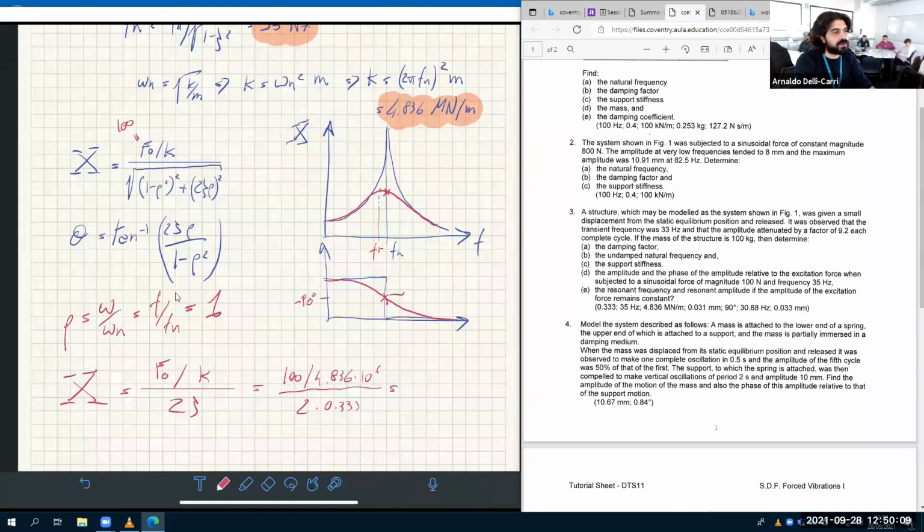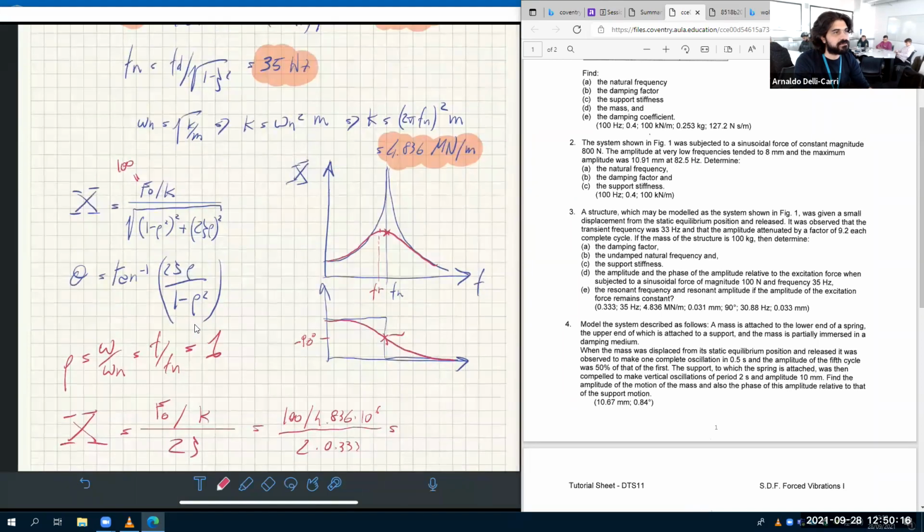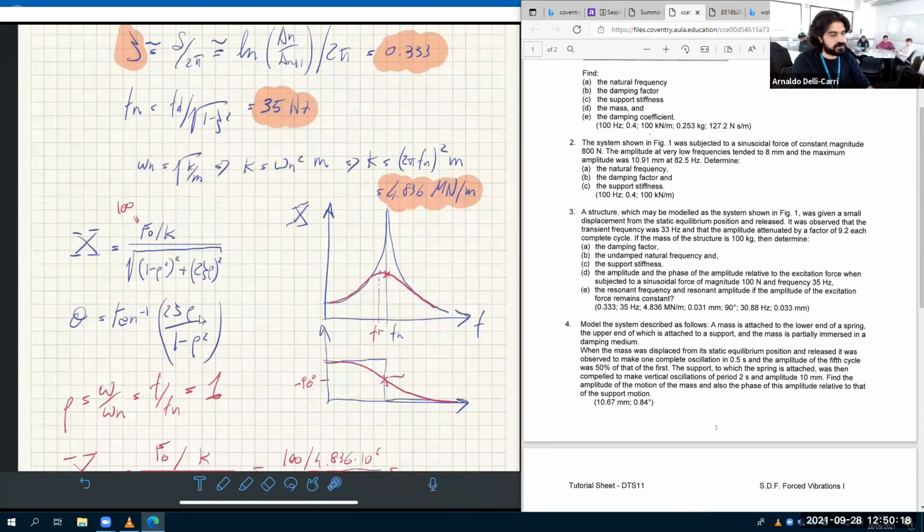How is rho 1? Well, rho is 1 because f is 35 hertz and fn is also 35 hertz. It says here, the forcing function is 100 newtons times cosine of 2 pi 35 times t. So 100 Newton at 35 hertz.